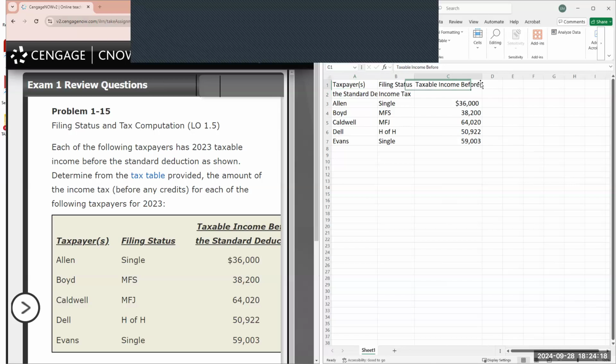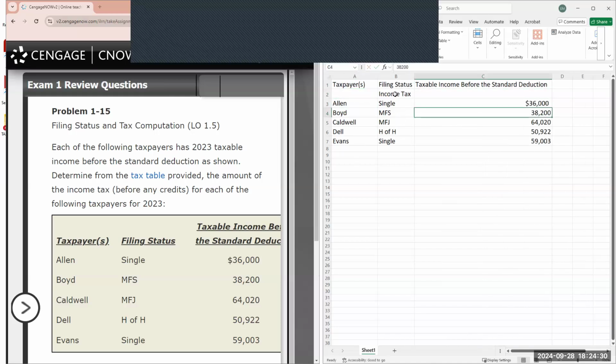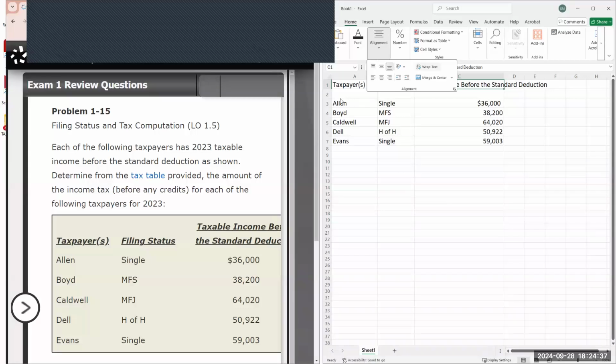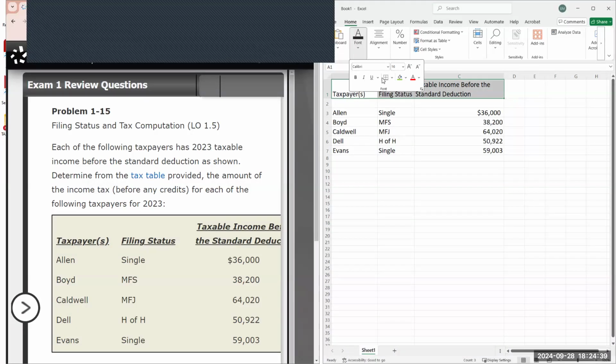So taxable income before the standard deduction. All right, we're going to merge this a bit and make it a little pretty.